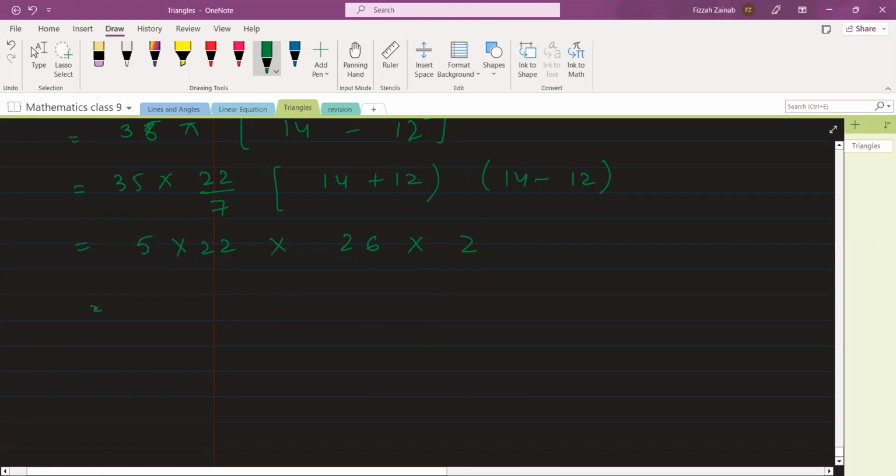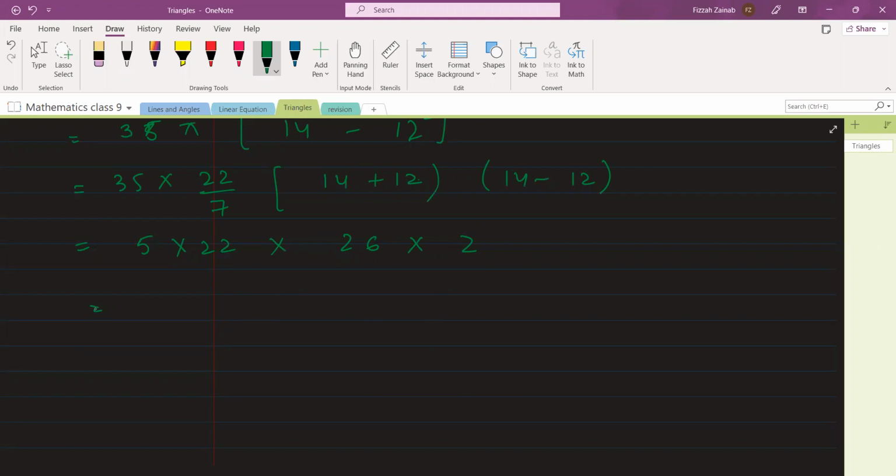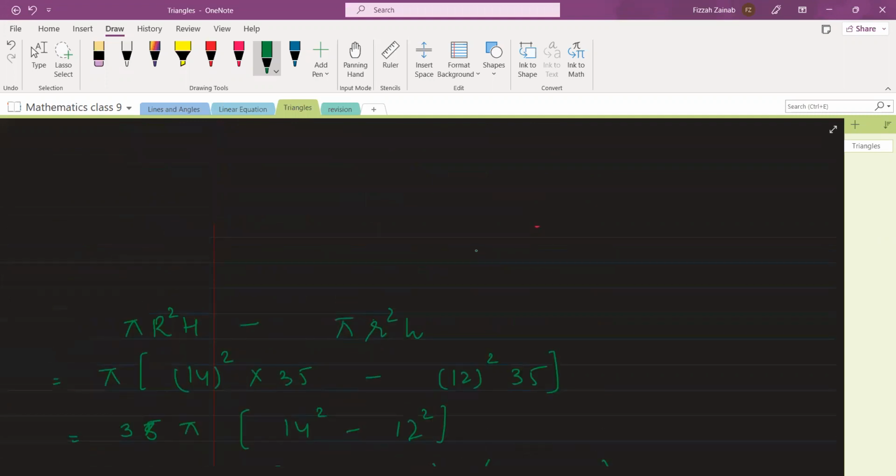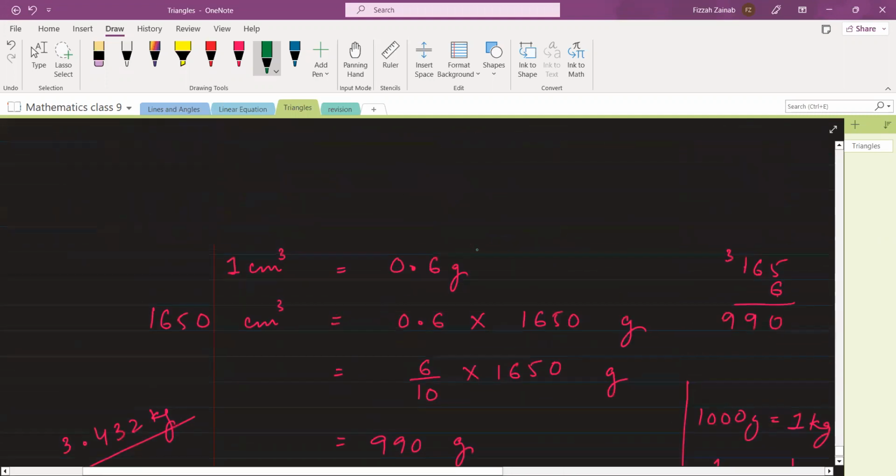So 5 into 22 into 26 into 2. I'm getting 5720. I don't know why I made a mistake in multiplication there.